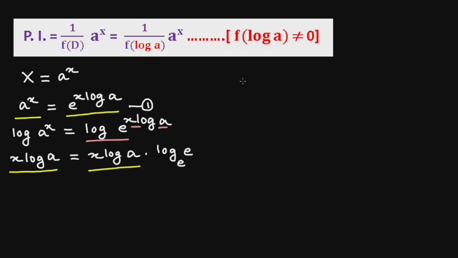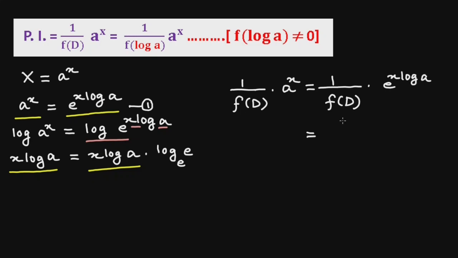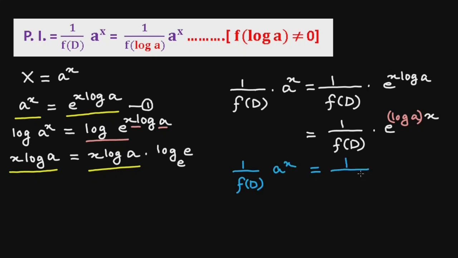Now, as per the rule, 1 upon f(D) a raised to x will be 1 upon f(D) e raised to x log a, which is 1 upon f(D) e raised to (log a) x. So 1 upon f(D) a raised to x will be 1 upon f(log a) into e raised to (log a) x.